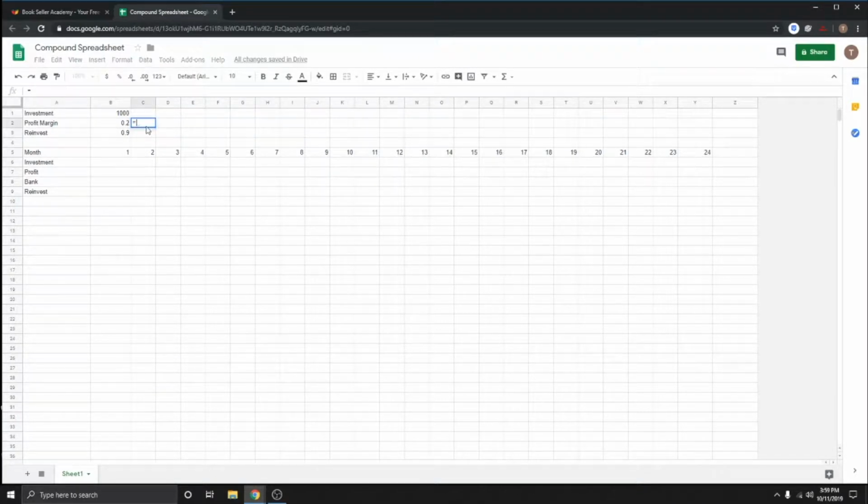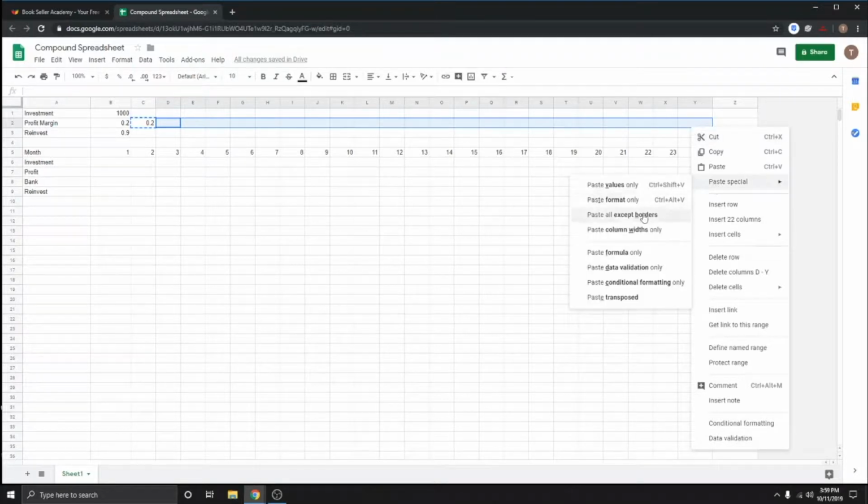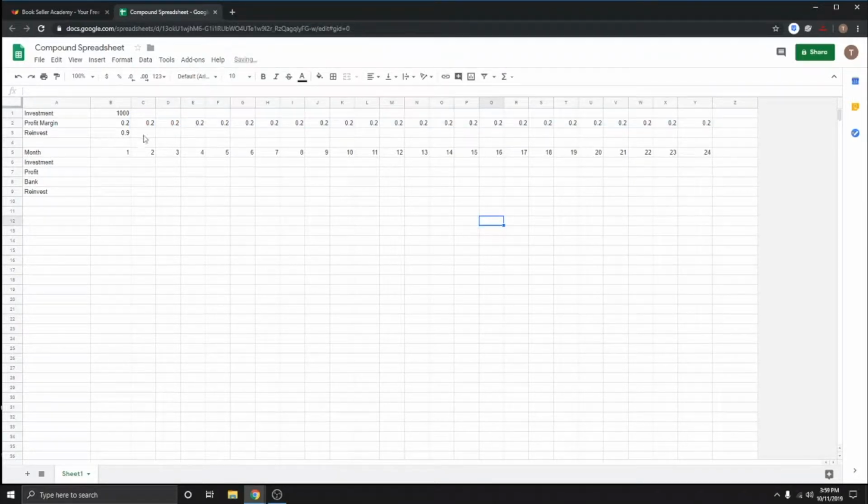Let me just pull out a formula here, and we just want it to equal that. So we'll copy that formula and drag this over to here, paste special, and we're going to paste the formula. Same thing with this.